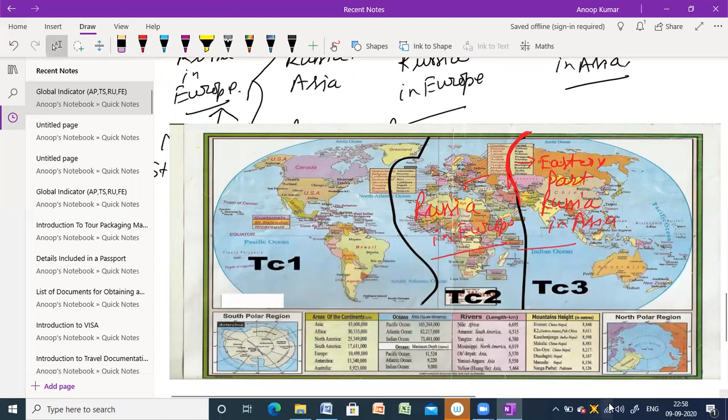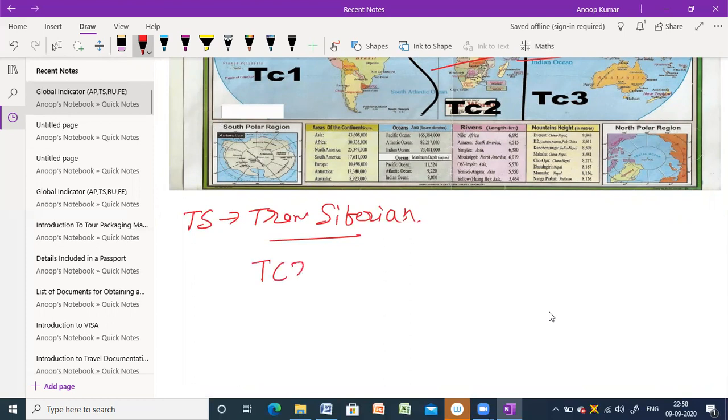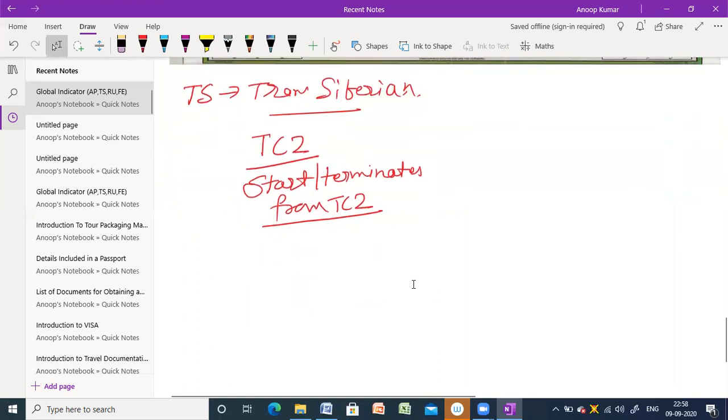So let's discuss first the TS global indicator. TS is Trans-Siberian. In this journey, the flight must start or terminate in TC2, but here is an exception.